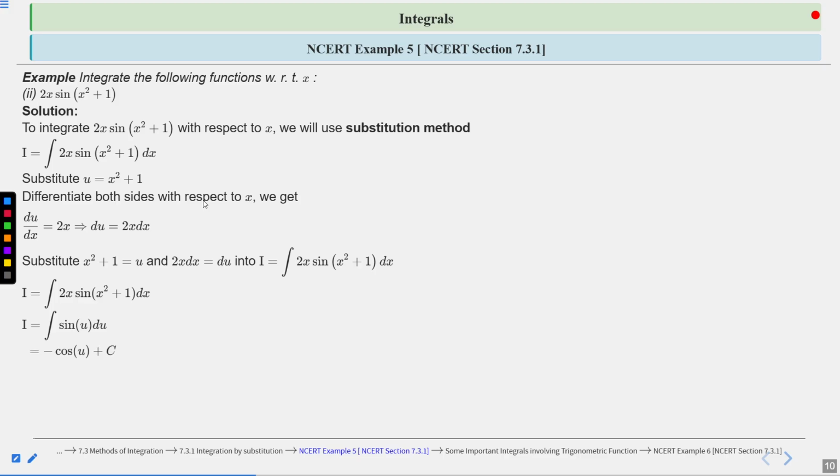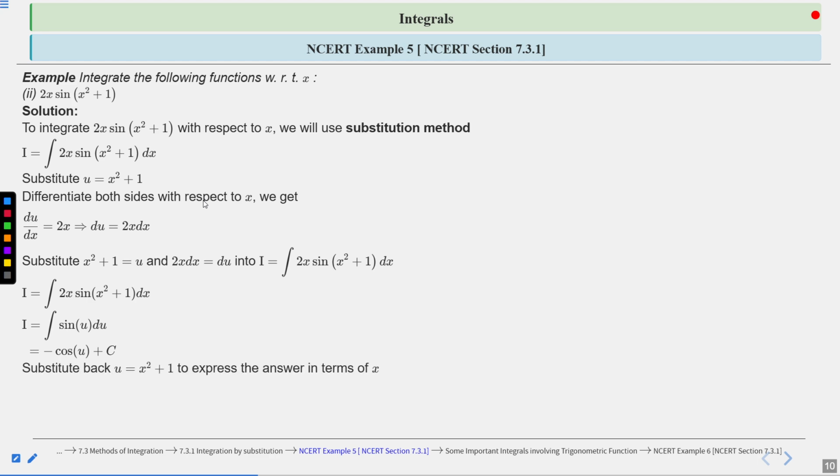The integration of sin u du is basically equal to minus cos u plus c. So I will be equal to minus cos u plus c.